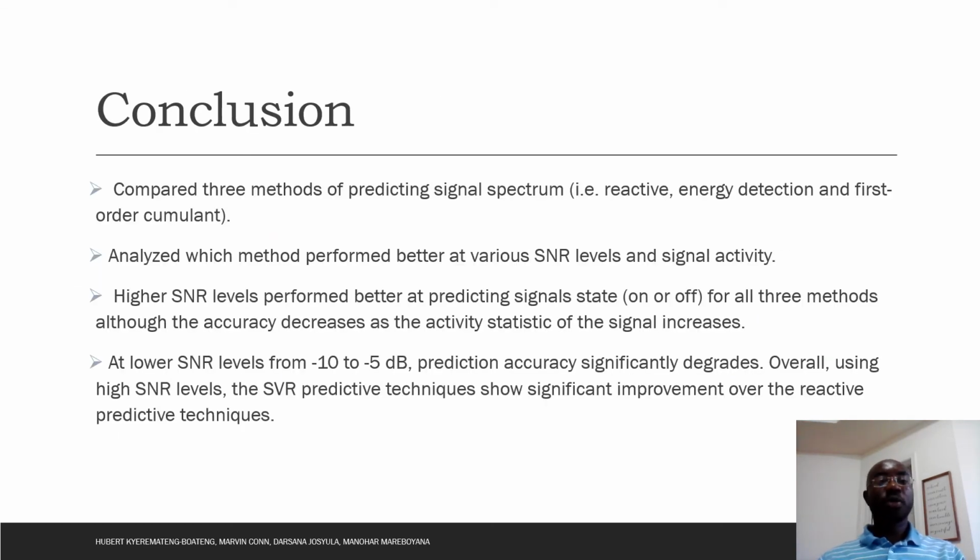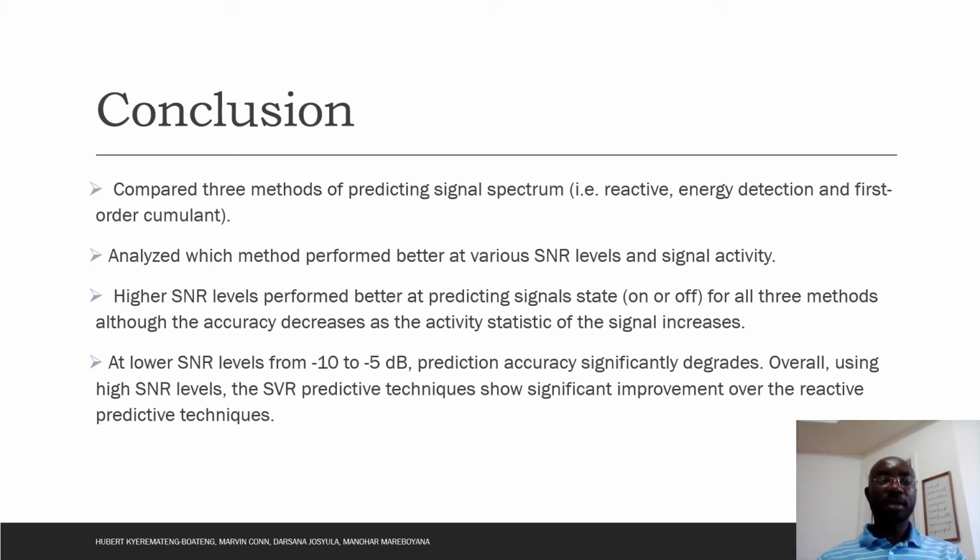Conclusion. We compared three methods of predicting signal spectrum, that is reactive, energy detection, and first order cumulant. We analyzed which method performed better at various levels of SNRs and also signal activity. Higher SNR levels performed better at predicting signal state for all three methods, although the accuracy decreases as the activity statistic of the signal increases.